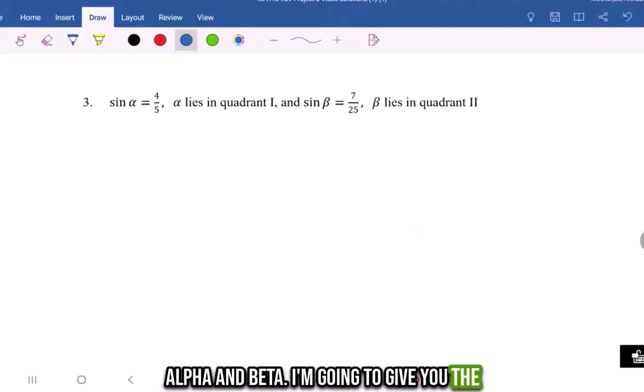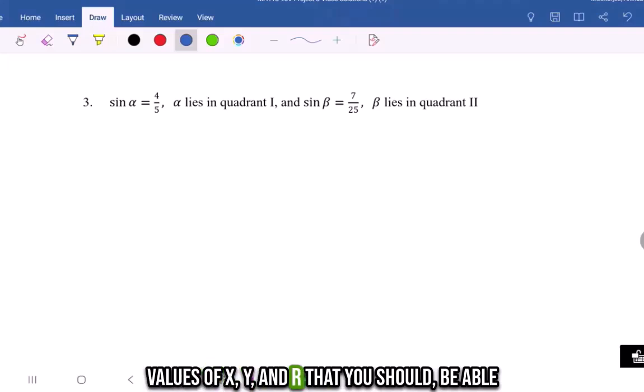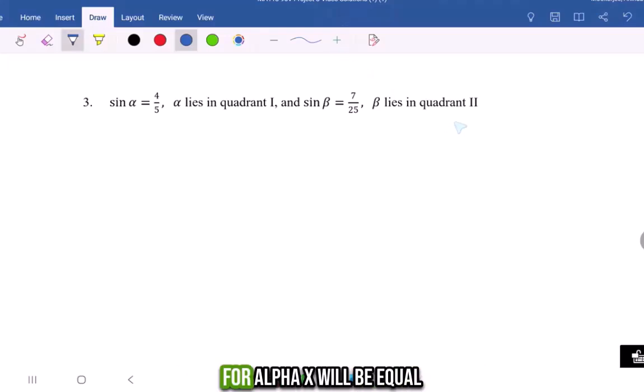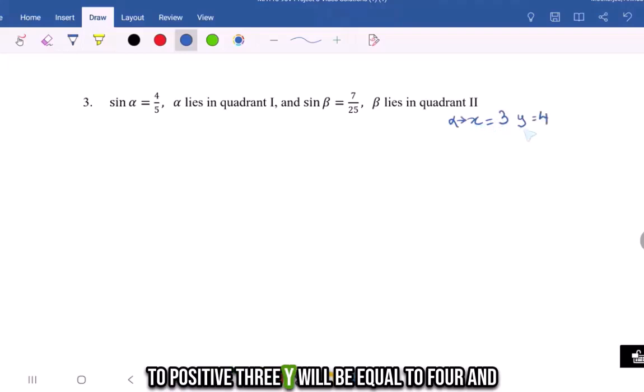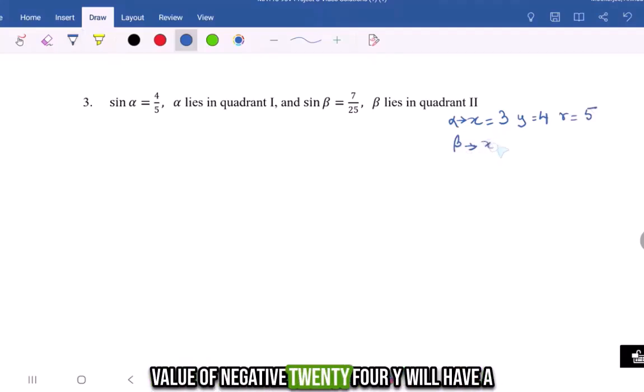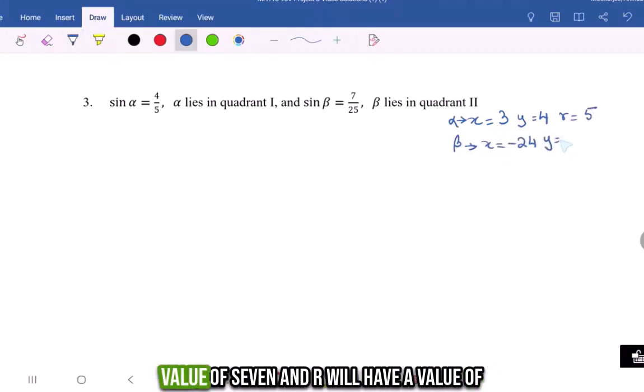I'm going to give you the values of x, y, and r that you should be able to find correctly for alpha and beta. So for alpha, x will be equal to positive 3, y will be equal to 4, and r will be equal to 5. For beta, x will have a value of negative 24, y will have a value of 7, and r will have a value of 25.